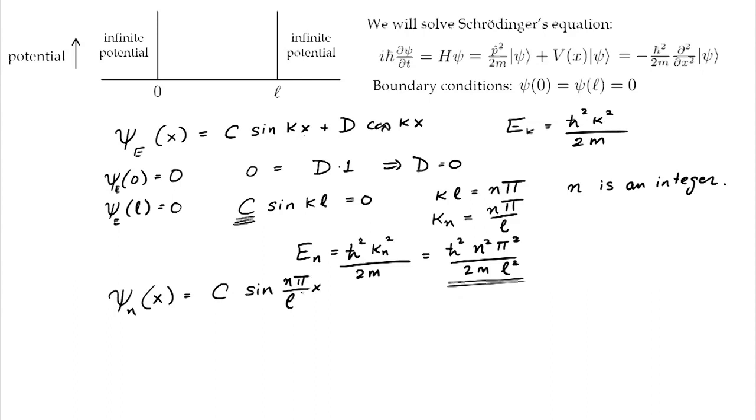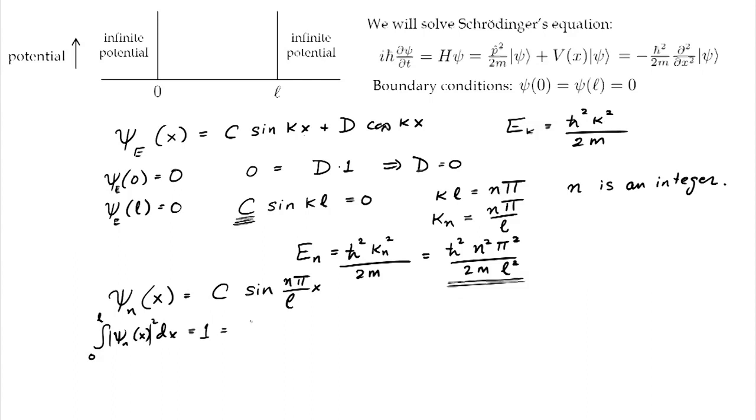The normalization we want is that the integral from 0 to L of psi n of x dx, since the wave function is non-zero between 0 and L, so the integral of the magnitude of psi n of x squared must be equal to 1.